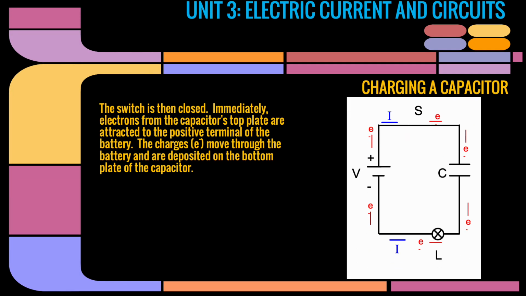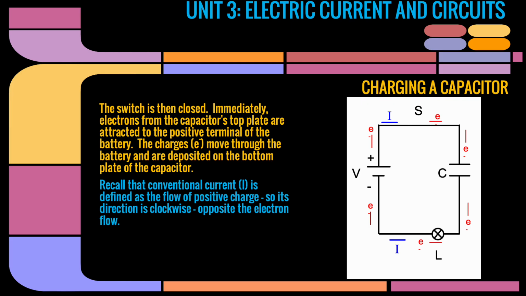When we close the circuit, or close the switch, immediately electrons and current start flowing. The charges, or the electrons, move through the battery and are deposited on the bottom plate of the capacitor. Remember, we're using conventional current here, defined as the flow of the positive charge, so its direction is clockwise in this case. Remember, the battery tells us which way that's pointing.